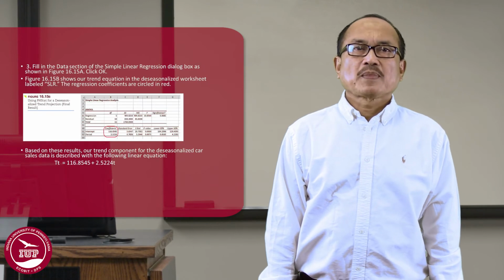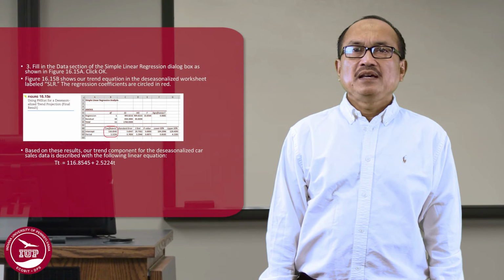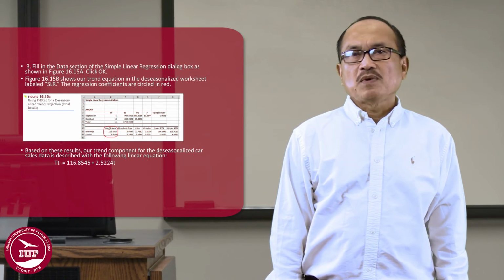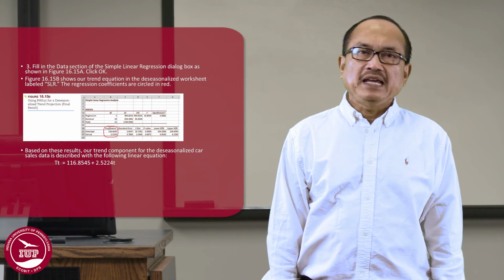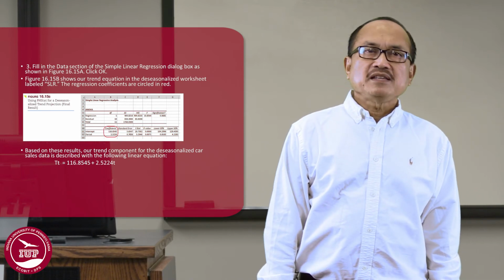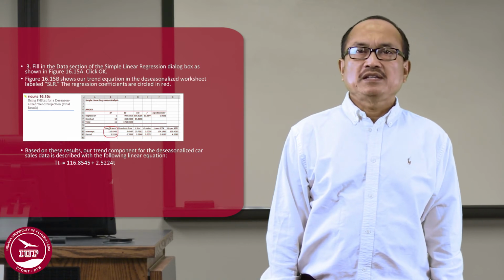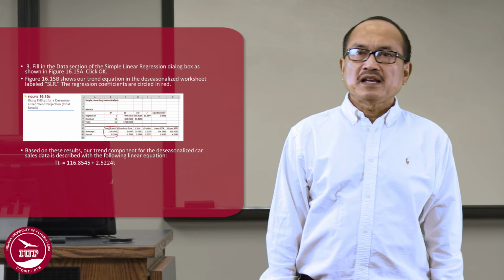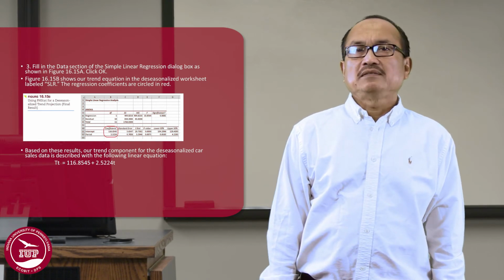3. Fill in the data section of the Simple Linear Regression dialog box as shown in figure 16.15a. Click OK. Figure 16.15b shows our trend equation in the deseasonalized worksheet labeled SLR.